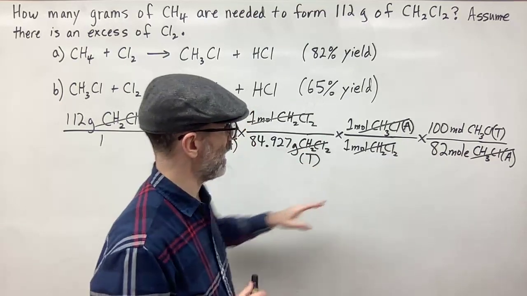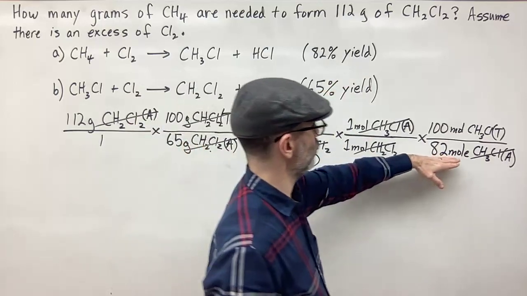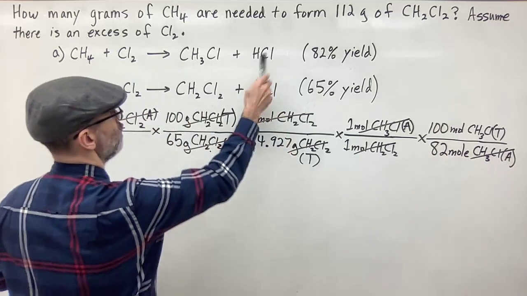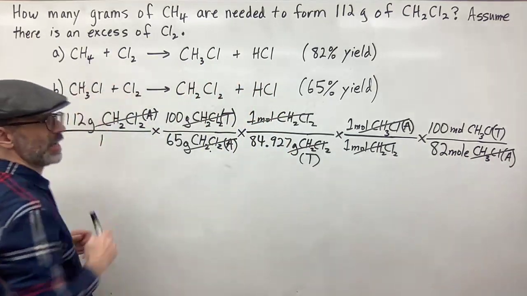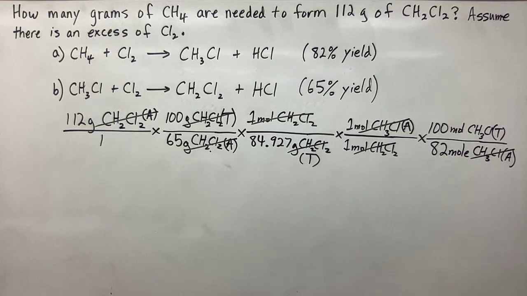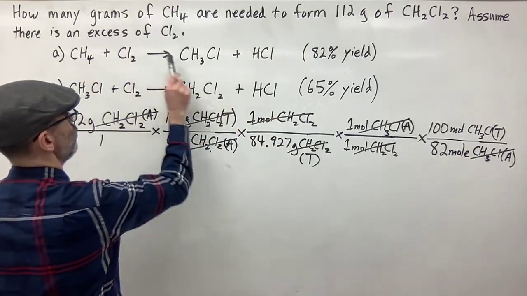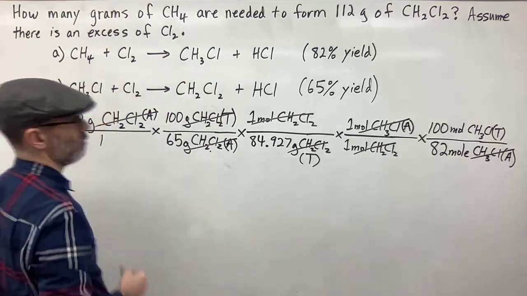So now that we have taken into account the yield, we can go ahead and do our mole ratio with CH3Cl and CH4. And here we have a 1-to-1 ratio again. So 1 mole of the chloromethane and 1 mole of methane.